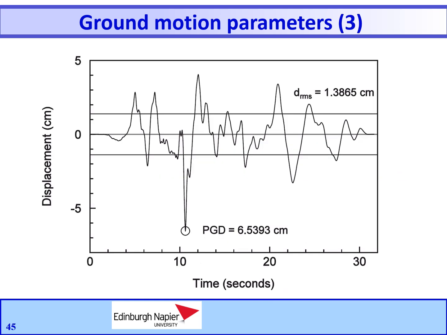And last case here, obtained by double integration of the acceleration record, we can get the displacement history characterized by the peak ground displacement and the root mean square displacement. All these characteristic factors, PGA, PGV, PGD, and the root mean square values of the acceleration, the velocity, and the displacement are measured from the respective ground motion records that, as we said, are often referred to as time histories.